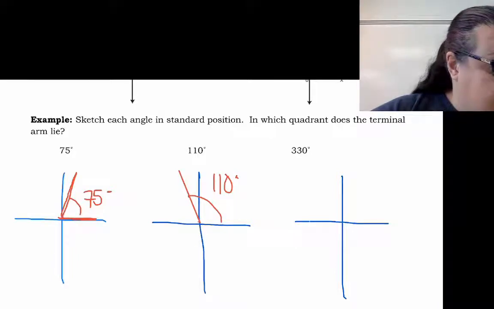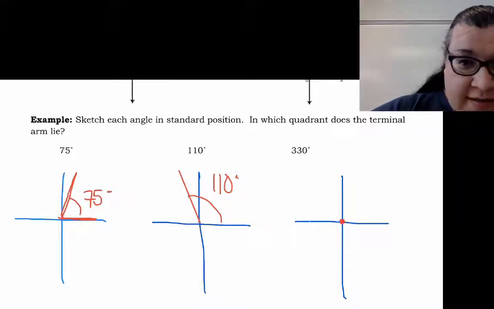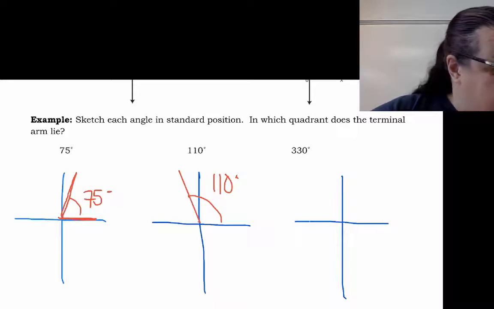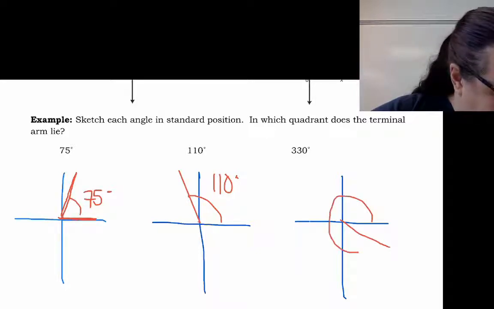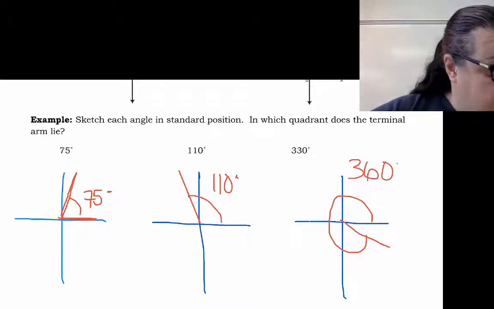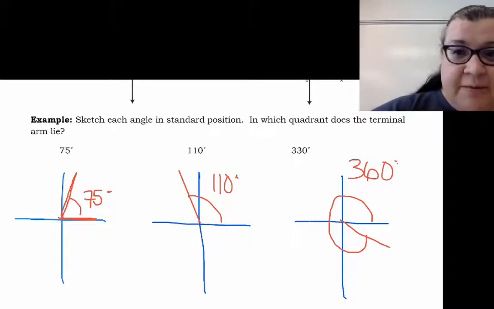So thinking, again, I'm starting here at the positive x-axis, that's my initial arm, and I'm going to go almost all the way around in a counterclockwise way. So where I would draw the terminal arm for 330 is maybe something like that. And the way the angle goes is, again, counterclockwise. So this is 330 degrees. Okay? So that's how standard position works.